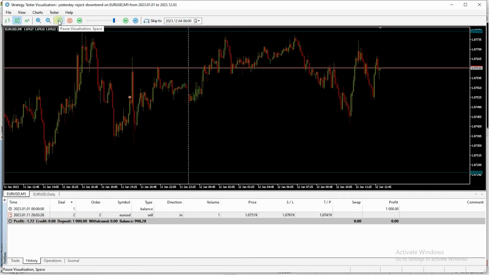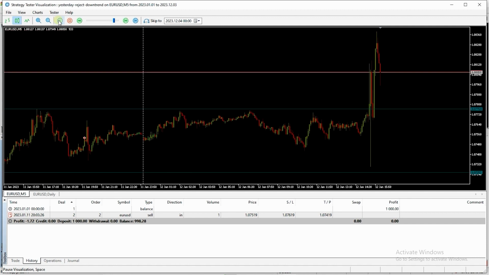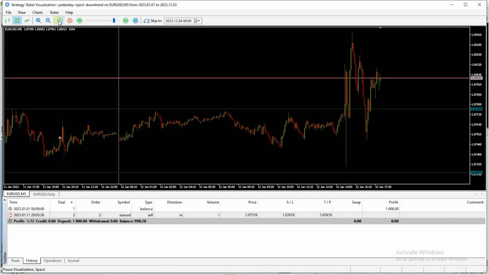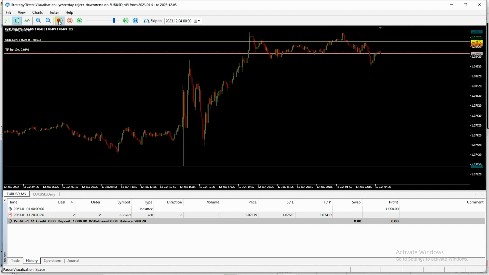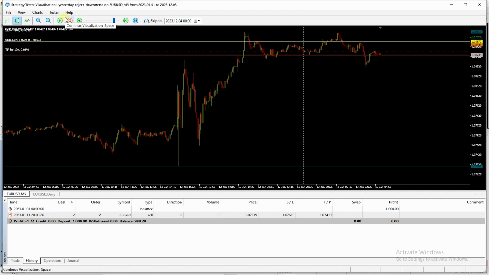Now I changed the code to open a buy position at the high above yesterday's low instead of the low, and instead of opening a sell at the high under yesterday's high, it will open a sell at the low under yesterday's high.